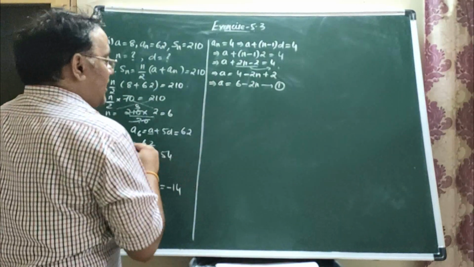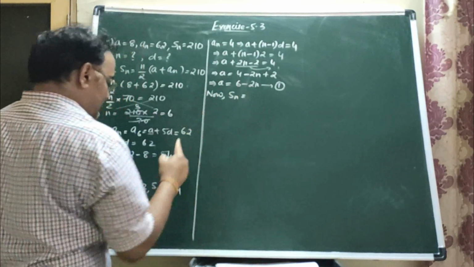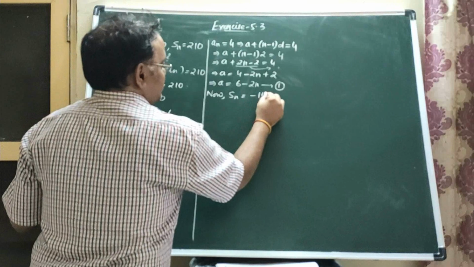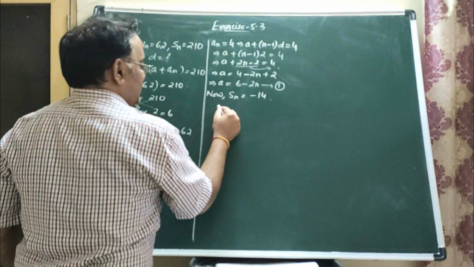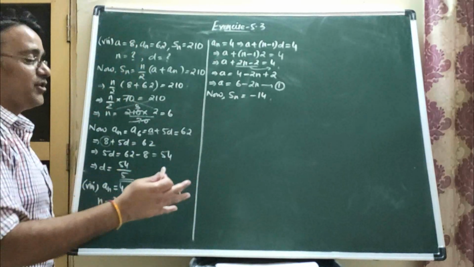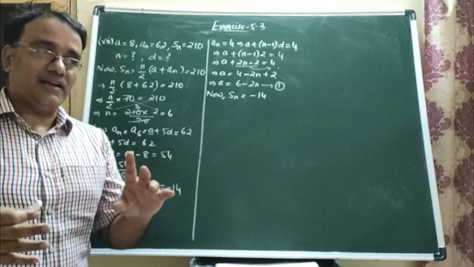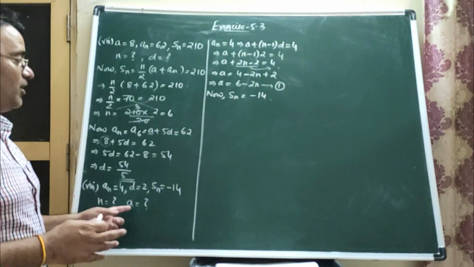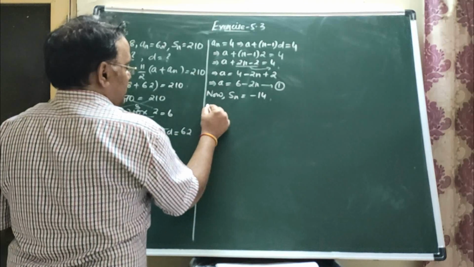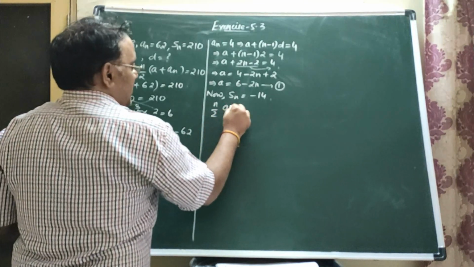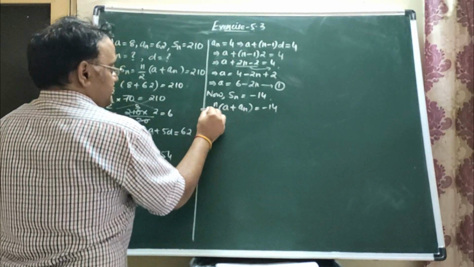Okay. Now Sn is given minus 14. Right? Sn यहाँ पे minus 14 दिया हुआ है. And we'll use the second formula. Why we are using the second formula? क्योंकि हम लोग के पास लास्ट टर्म दिया हुआ है और a हम लोग यहाँ पे रिप्रेजेंट कर चुके हैं. Right? So we are using the second formula, that is n upon 2 (a plus an), and this is equals to minus 14.